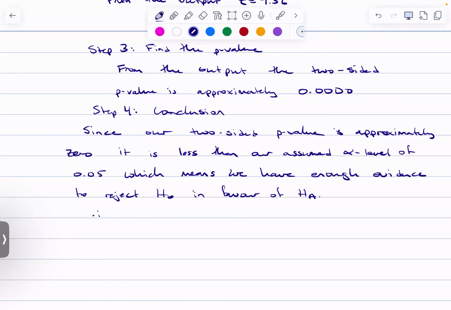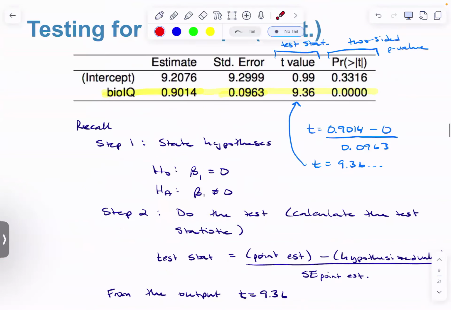Therefore, well, what was our null hypothesis? I reject this in favor of this. Therefore, there's enough evidence to say that the slope is significantly different from 0. I'm not committing to anything beyond that, right? You would have to do more testing. Okay?